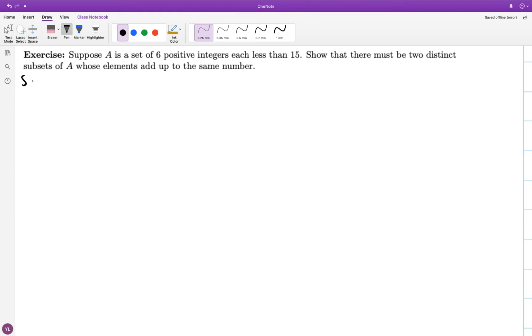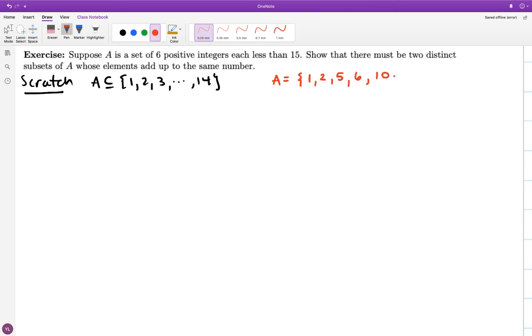Let me just do a little bit of scratch work so I get a sense for what the statement is saying. So A is going to be a subset of the numbers 1 through 14. And just to get an idea, let's say A looked something like 1, 2, 5, 6, 10, 11.